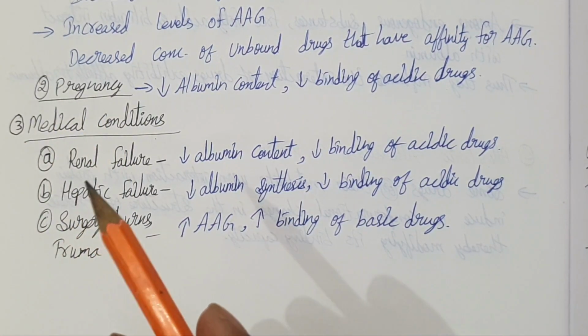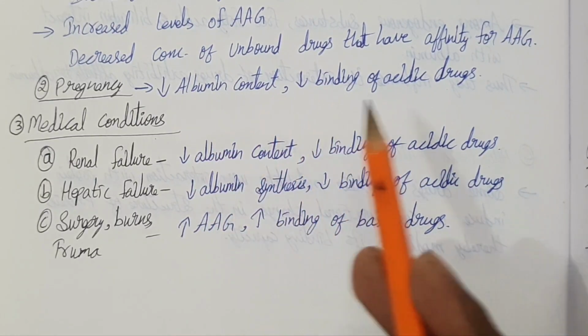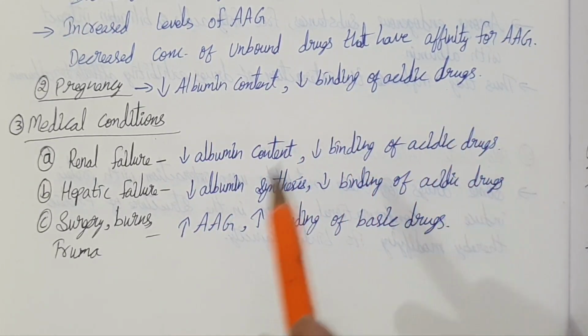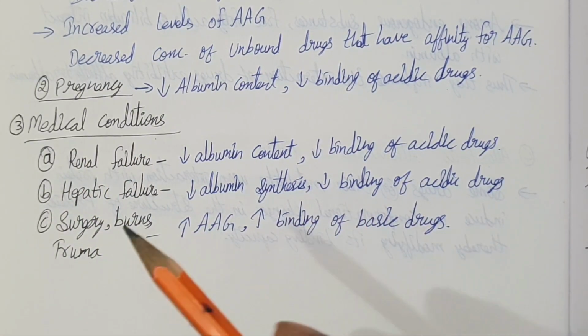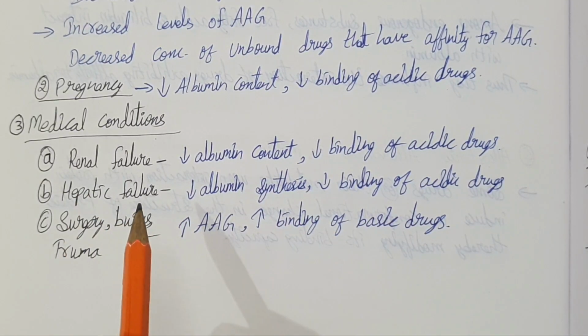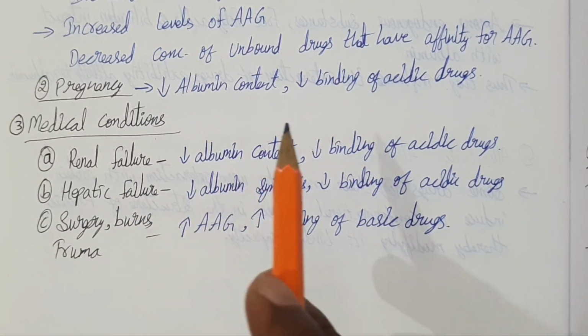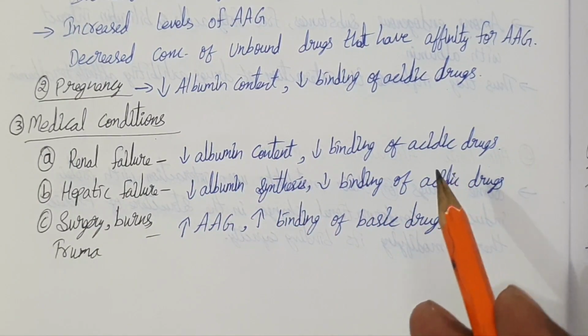So during pregnancy, albumin level decreases. So less binding of acidic drugs is seen. Next we have medical conditions. Certain diseases alter protein levels, like renal failure. In renal failure, albumin levels decrease. So less binding of acidic drugs is seen.